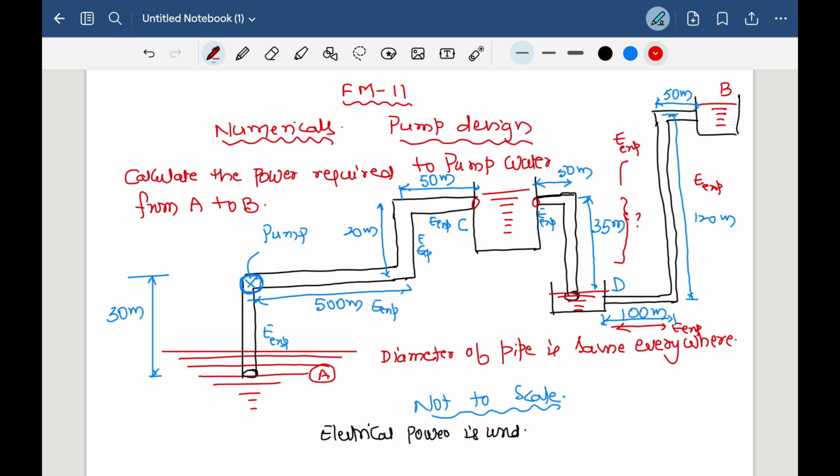Under what conditions it is valid? Under what conditions it is not valid? If it is universally valid, then what are the assumptions you have to make and what changes you have to make in the formula? That is also of much interest to engineers. For example, if I consider height, what is the net height? Here it is 120 meters, here it is 35 meters, here it is 20 meters, here it is 30 meters. Which height to be taken?